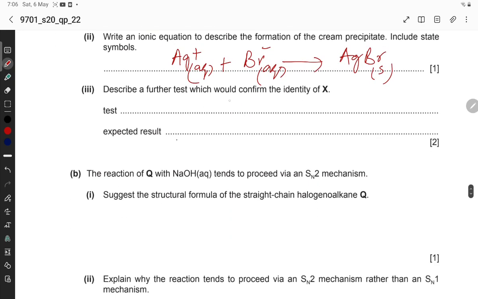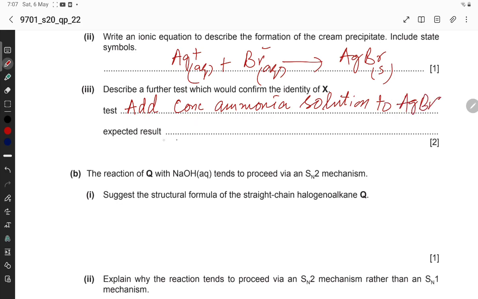Describe a further test which would confirm the identity of X. Add aqueous ammonia, add concentrated ammonia solution to AgBr, and the precipitate dissolves.